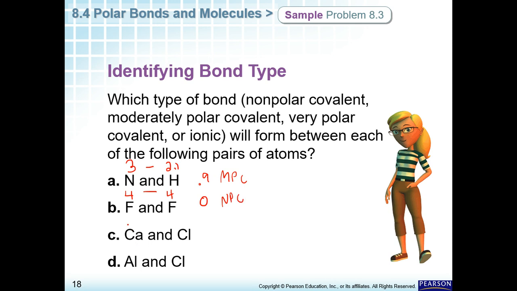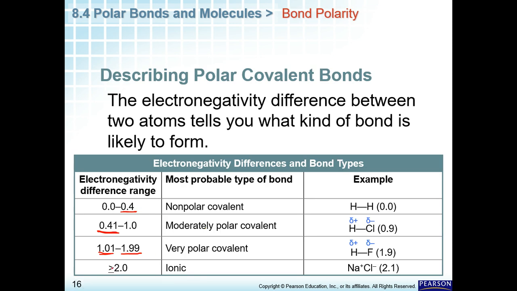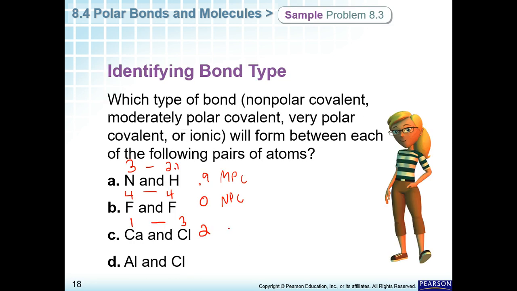Calcium has an electronegativity of 1. Chlorine is going to be 3. So when you subtract these, you get a -2, but we just have to worry about it being 2. If you look at your chart, 2 or greater is going to be ionic. And the last one is aluminum.